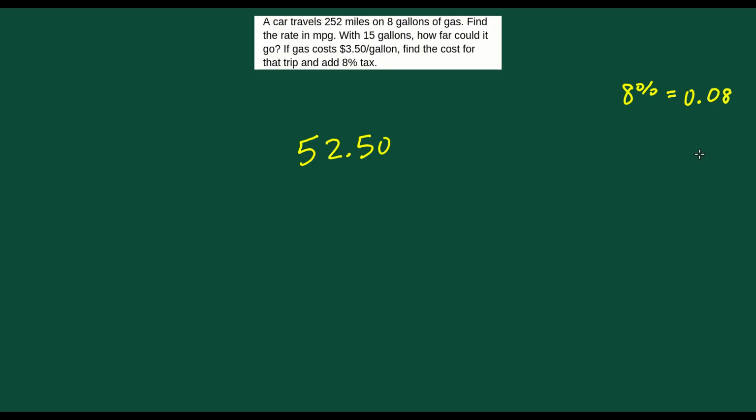So if we're adding an 8% tax in decimal form, that would be 1 plus 0.08, which is 1.08. So if we multiply 5250 times 1.08, that would give us our final answer.